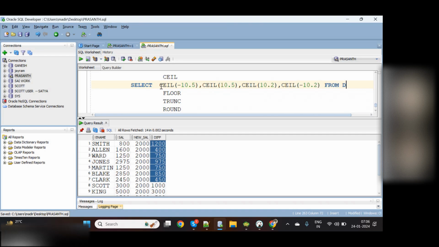I am showing you all four cases. Here my intention is to round the 10.5 decimal, but ceil always takes the highest value. Between 10 and 11, what is the highest value? 11. Rounding means you are rounding the decimal part to the upper value. Ceil always acts to the upper value.